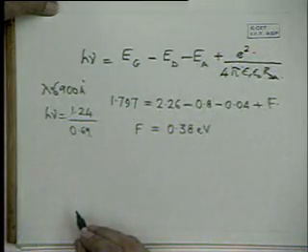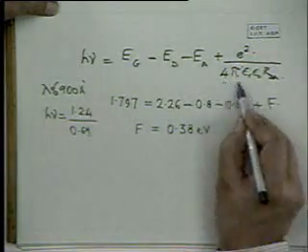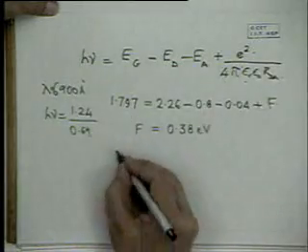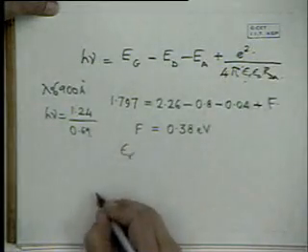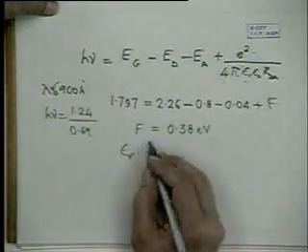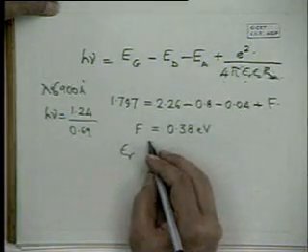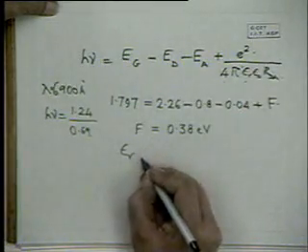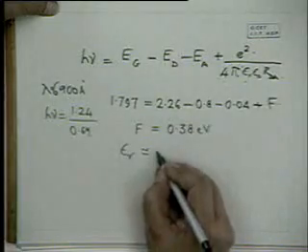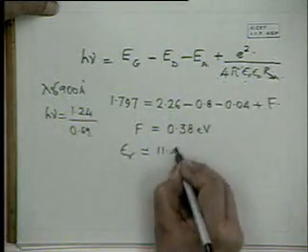And now if you substitute into this expression, I have taken epsilon r, the relative dielectric constant of gallium phosphide. It's about 10. Actually it's 11.4, but I have taken, say, 10.